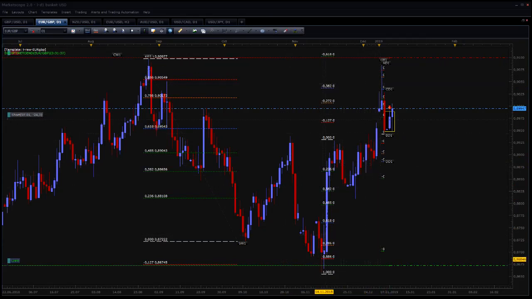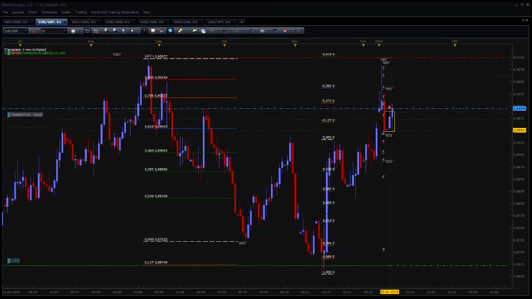Well, it did form a lower low here, but it didn't reach the target. It pulled back into the wave, but didn't form a higher high, and that's why the AB zone is still active and downtrend. And then market pulled back down and formed a bearish signal, and this is where we are right now.